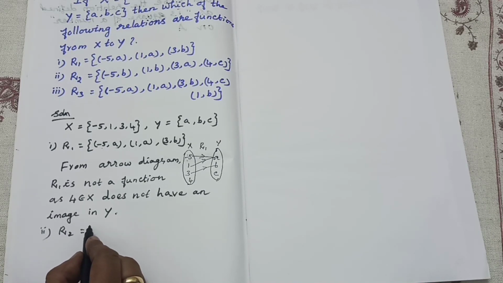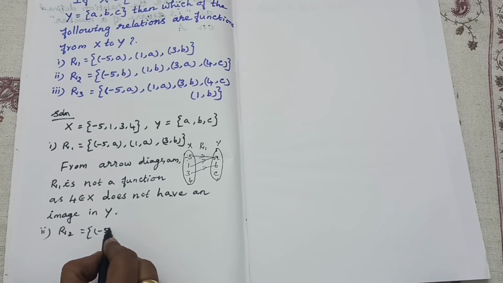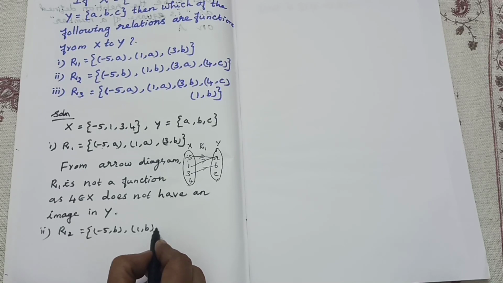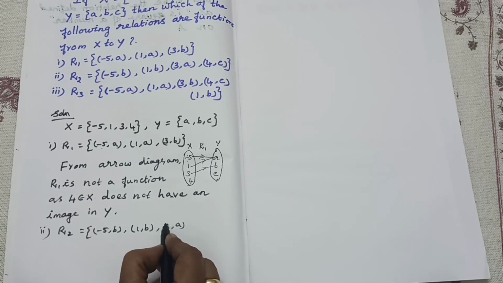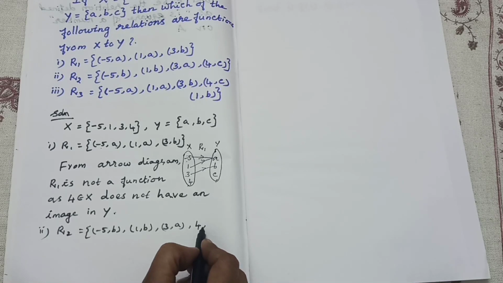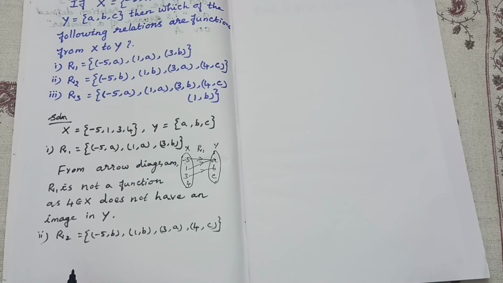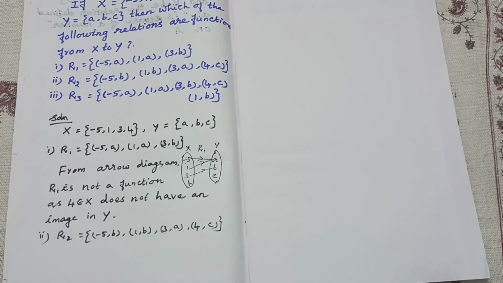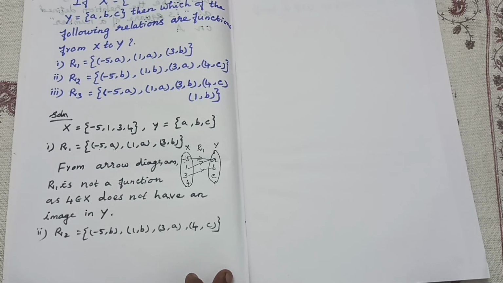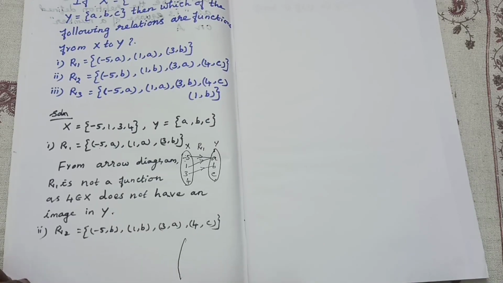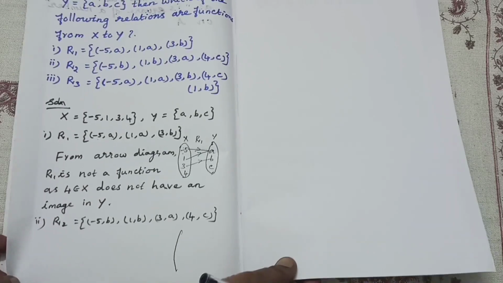R2 equal to the set of minus 5 comma B, 1 comma B, 3 comma A, 4 comma C. Then for this question also, first we have to represent an arrow diagram. Shall we draw? We have to draw the arrow diagram.